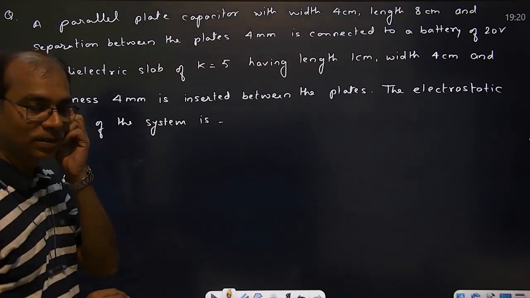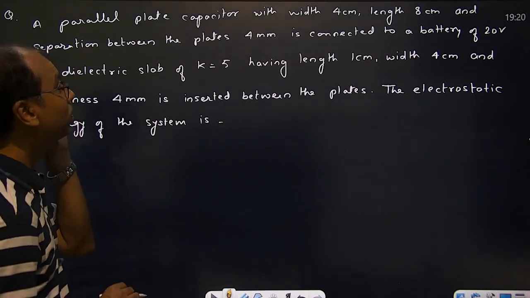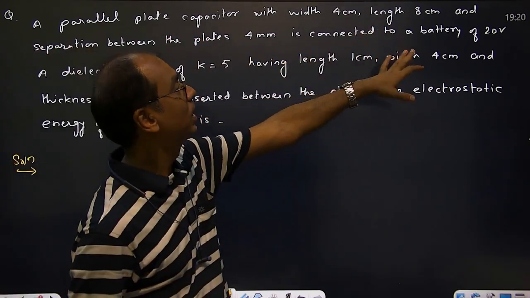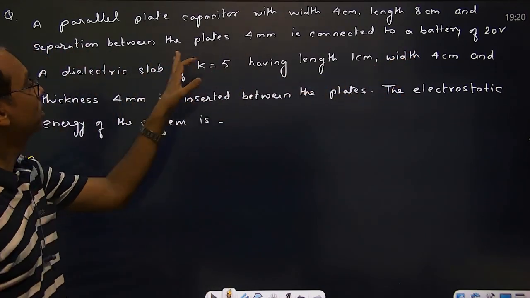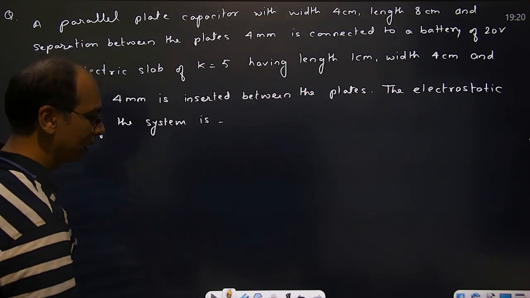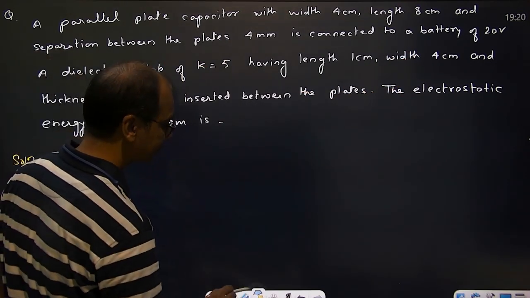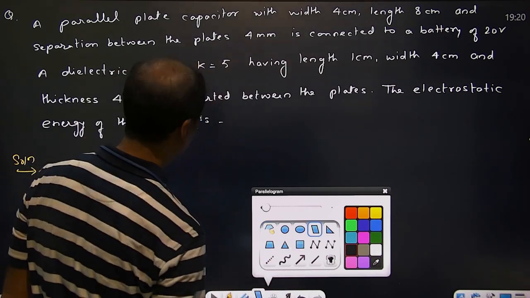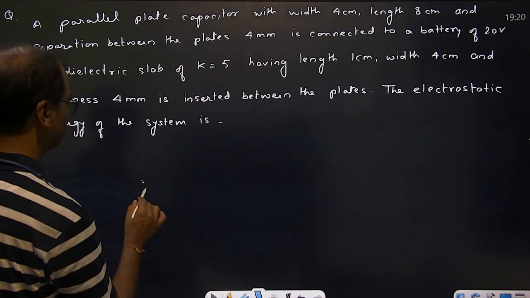Parallel plate capacitor is there. Plate size is given. Width 4 centimeter, length 8 centimeter, and separation between the plates is 4 mm. So first of all, I'll try to make the correct diagram.